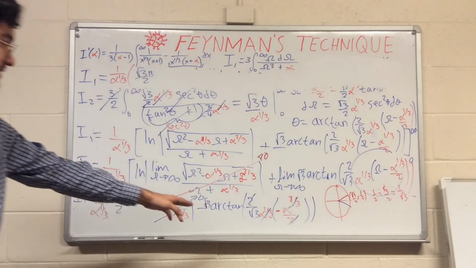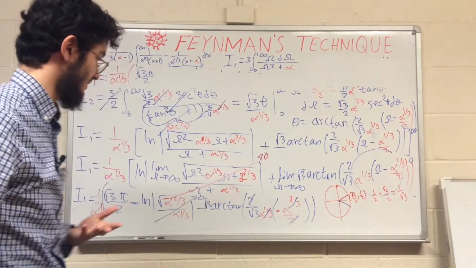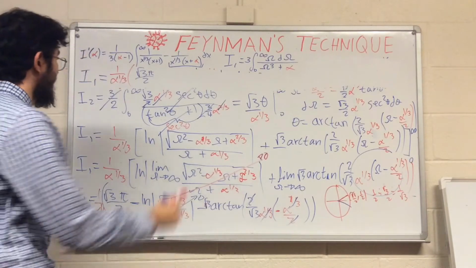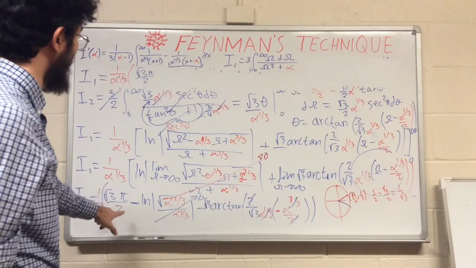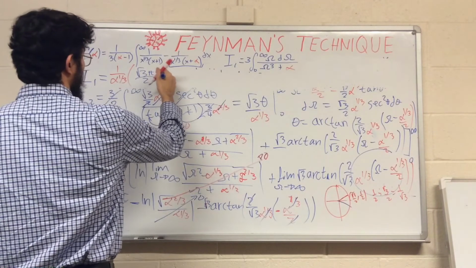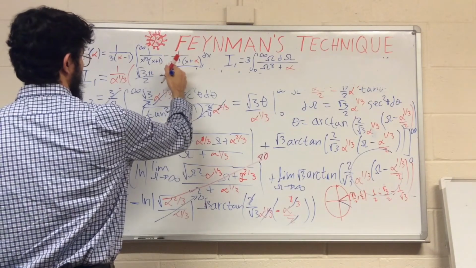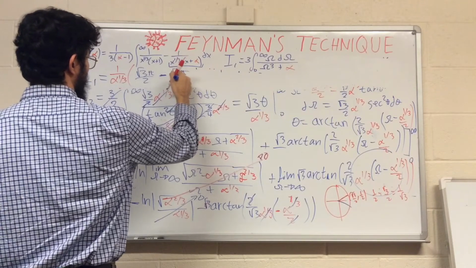And over here we know this is 30 degrees. 30 degrees is pi over 6, so minus radical 3 pi over 6.